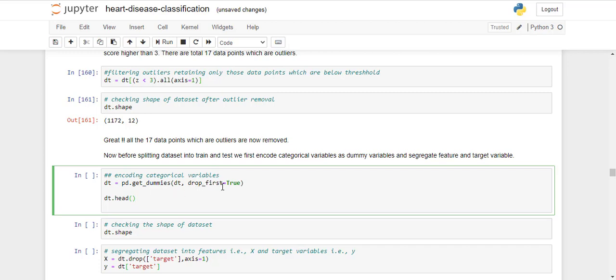The reason is that if you do not use drop_first True, then it will keep on generating all the variables, and you will not get actual distinction. For example, say you have three categories, like chest pain type. We have three categories in chest pain type.